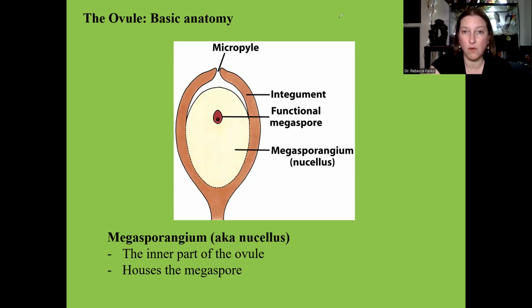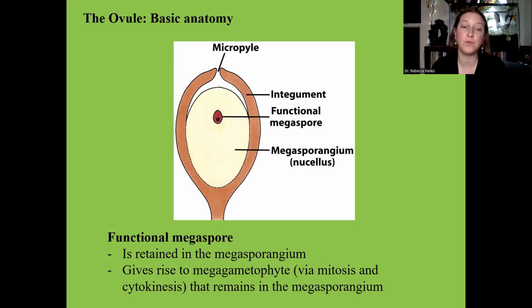So here, megasporangium, aka nucellus, is the inner part of the ovule. It's shown in beige on this picture. And it's going to be what grows and ultimately will house the functional megaspore.